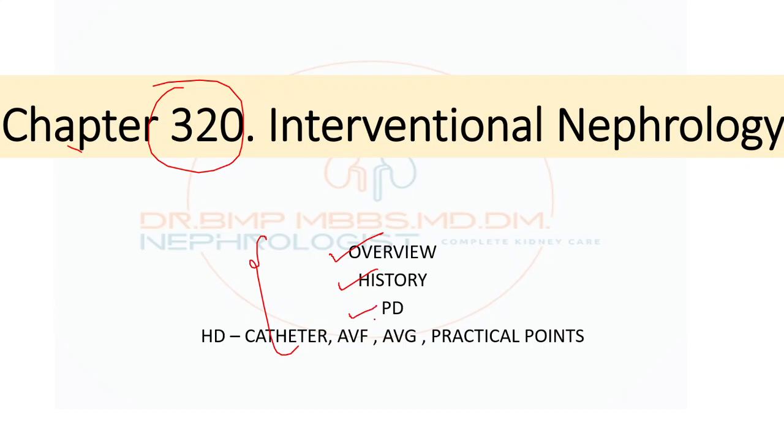Then few important and random points about peritoneal dialysis, catheter, complications, and a few important points about hemodialysis modalities and the procedures like catheter, fistula, AV graft, and a few practical points. So this I will try to cover it in a sequential way.